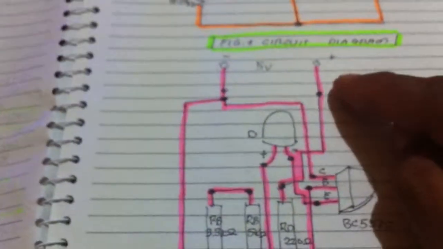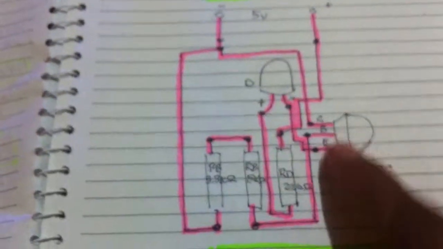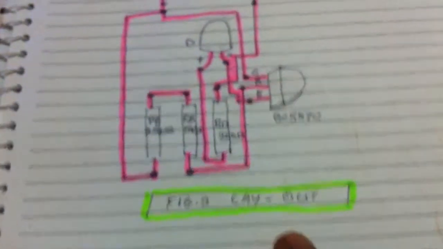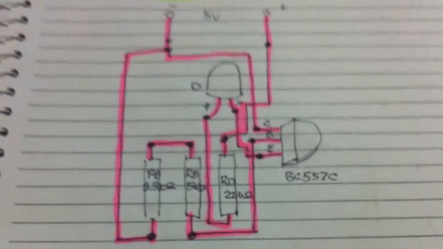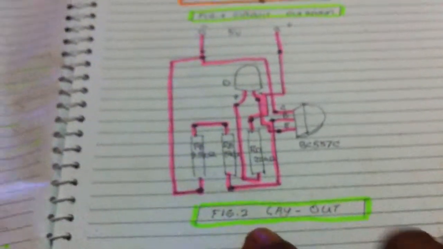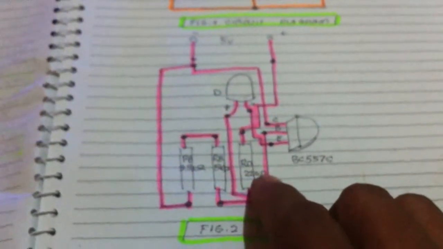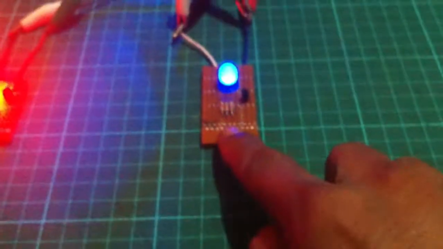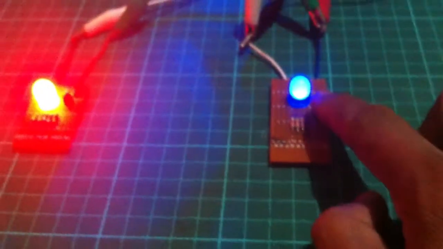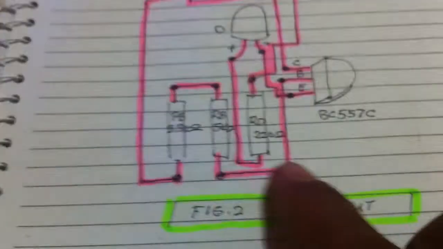And we have this layout. We have three resistors, that one, and we have this transistor, that black one, and we have the LED blue, and it's working.